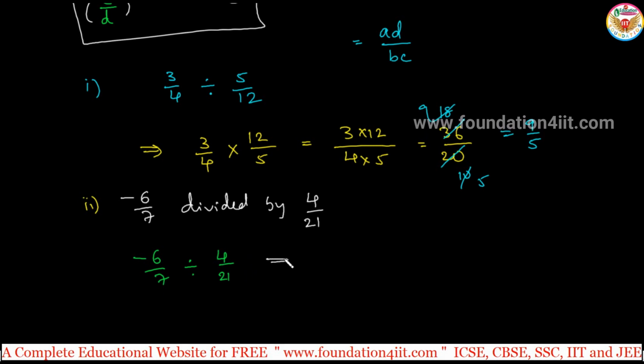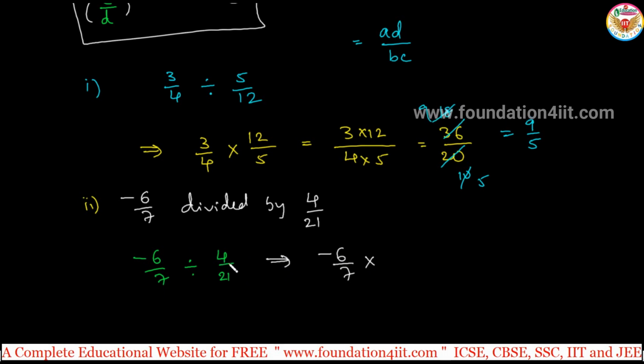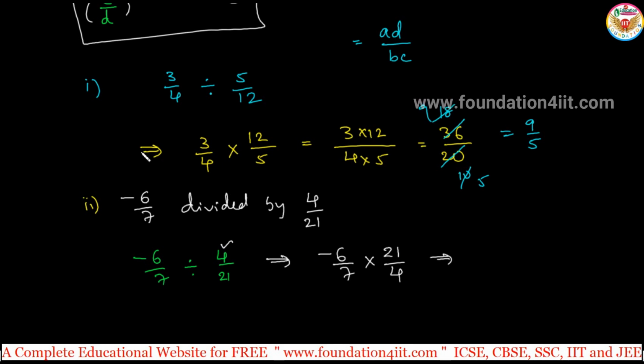After writing this, the first rational number stays as it is, we should not change it. Whenever you keep the into symbol, remember division is the reverse of multiplication. So if you keep into in place of the division symbol, immediately this 4 by 21 you write as 21 by 4, the reciprocal of that. Now we can apply the normal multiplication process.